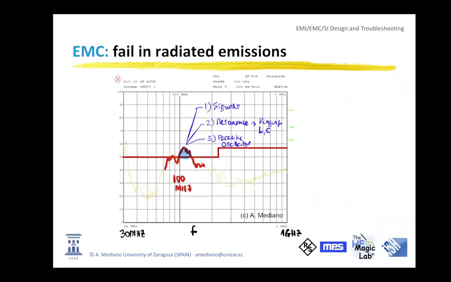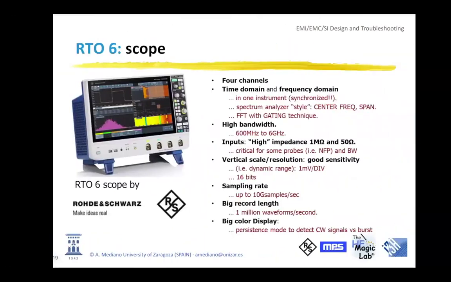And to make this analysis, I will be using an RTO6 oscilloscope. The main advantage of the oscilloscope versus other instruments is that for debugging, the oscilloscope will give you the time and the frequency domain of your signal. And additionally, if you have several channels, here I have 4 channels, we will be able to combine different probes to analyze the system and to be able to see if we can apply some fixes.